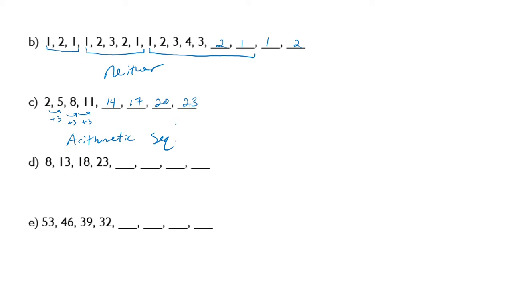Now we should find a formula for this. Remember, the formula is a sub n equals a sub 1 plus the common difference times the quantity n minus 1. A sub n equals, well, the leading term, or the first term, is 2, so we'll put that for a sub 1, and our common difference is 3, and we'll have n minus 1.